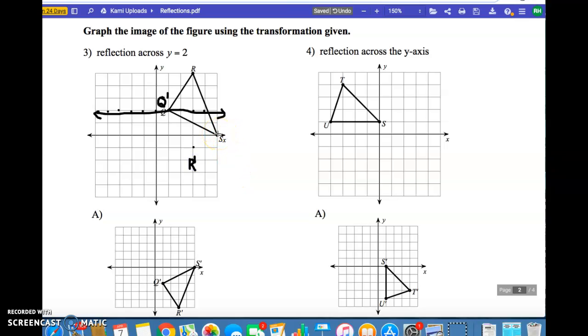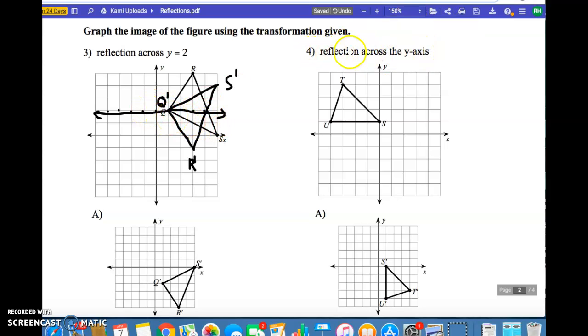S going to S prime, I see 1, 2 units away, so I go 1, 2 units up here. This is going to be my S prime. From Q prime to R prime to S prime and back, that Q prime, R prime, S prime is the reflection of that first triangle, QRS, over the line y equals 2.